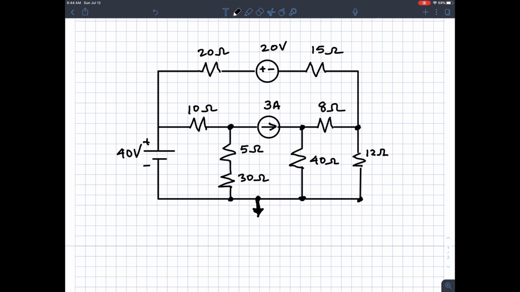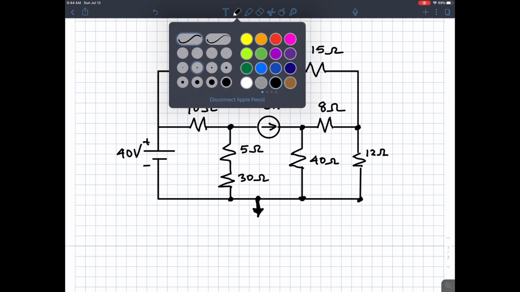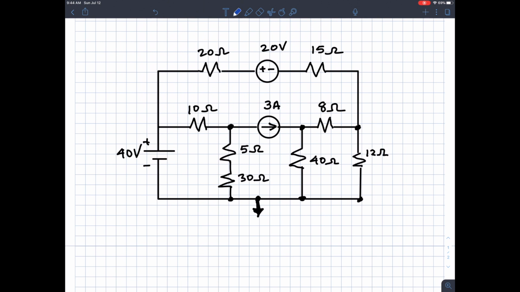Next, we need to choose some other nodes, and remember, nodes are where 3 or more branches come together. I'm seeing a node right here. I'm going to label this with a different color and call that VA. I'm also seeing a node right here.